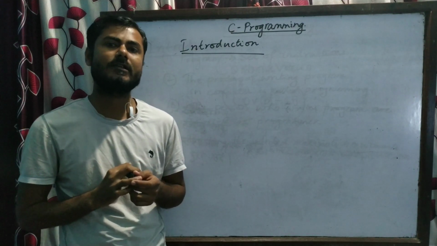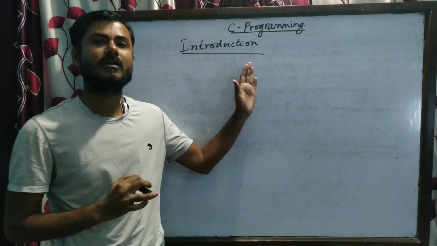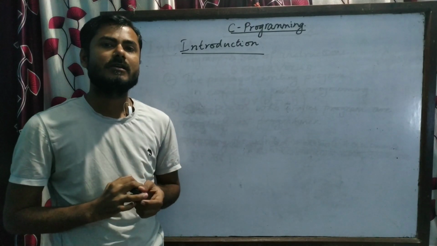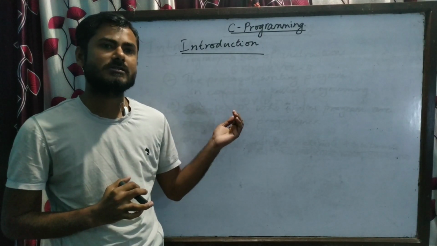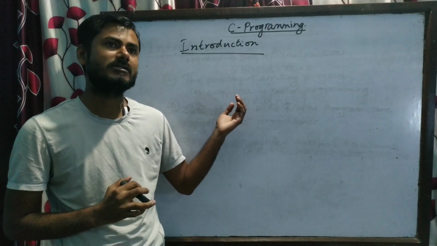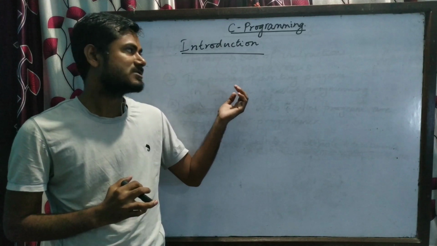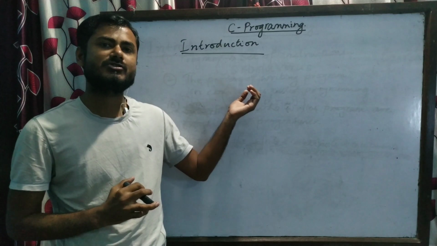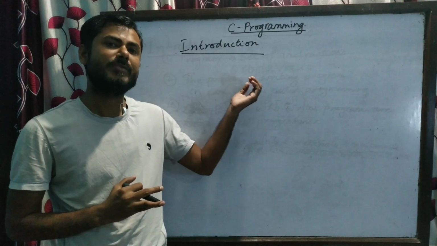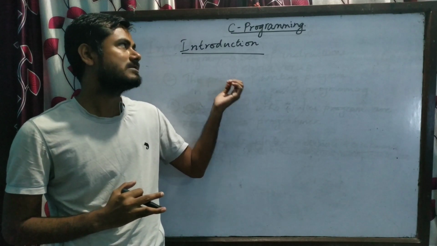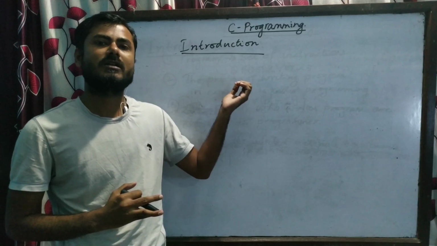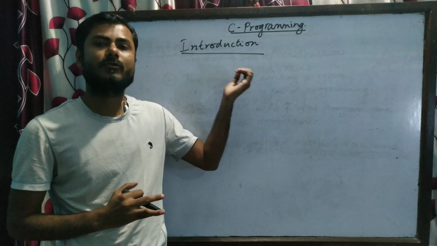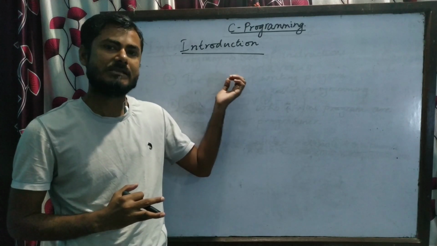It's very easy to understand because it uses English-like words, mathematical symbols, and some simple syntax which could be understood by a basic beginner. That's why C programming is one of the easy programming languages, easy to understand, simple.